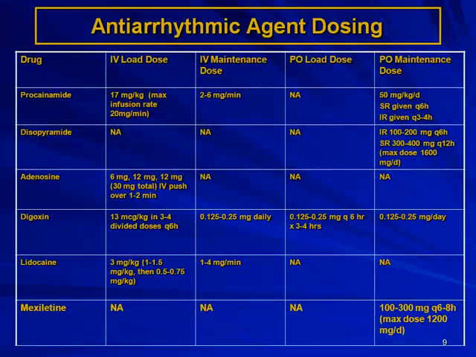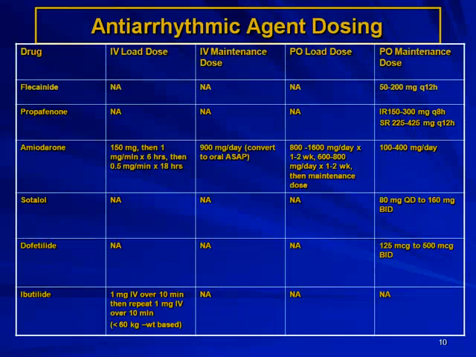Slide 9. I had a difficult time finding what I thought were adequate resources in terms of the recommended doses for the currently available antiarrhythmic drugs. So I put together a table that you can see in slide 9 and also in slide 10, which gives you recommended IV loading doses, IV maintenance doses, and oral loading and maintenance doses for the drugs that are still commonly used.